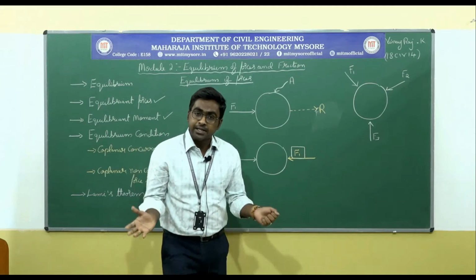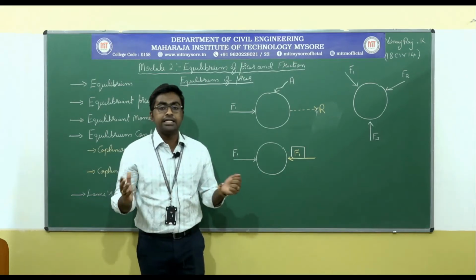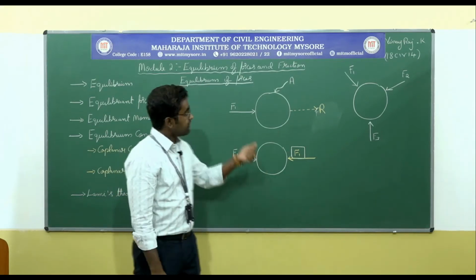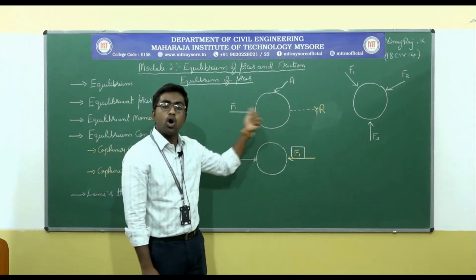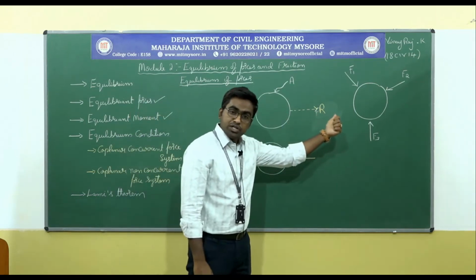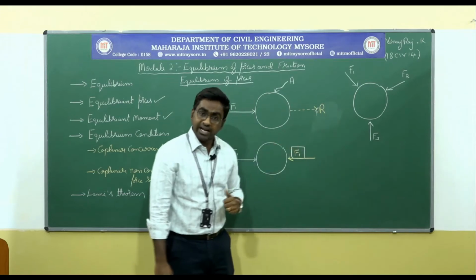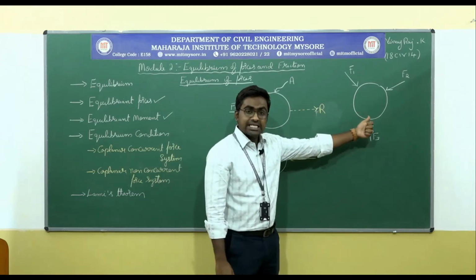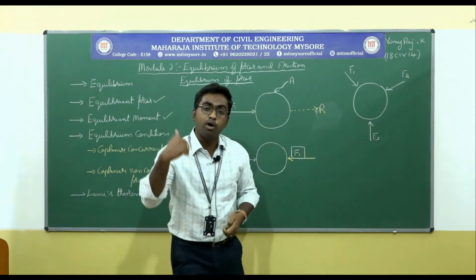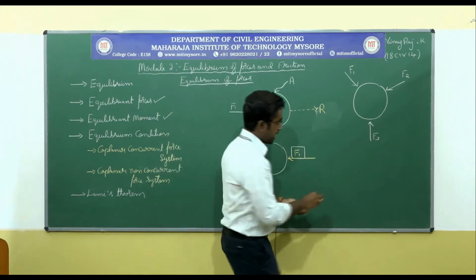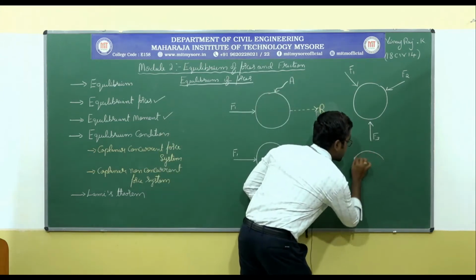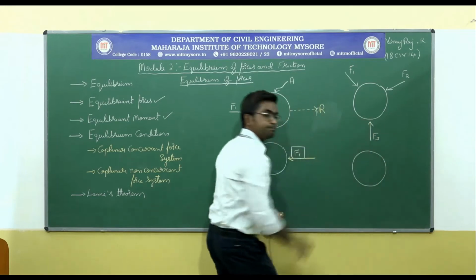In any system, the resultant may be in different forms. In the first example, the resultant was that the body was moving in the direction of the applied force. In the second example, the resultant is in the form of rotation. That means I am going to consider the same body.